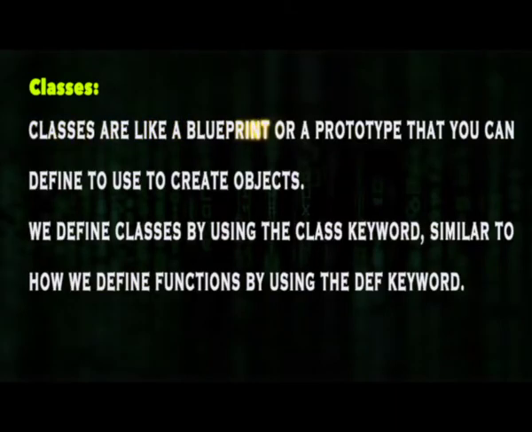Now, we delve more into classes. A class is like a blueprint of a prototype that you can define to use. We define classes by using the class keyword, similar to how we define functions using the def keyword. Let us define a class called horse that has two functions associated with it, one for running and the other for being awesome.